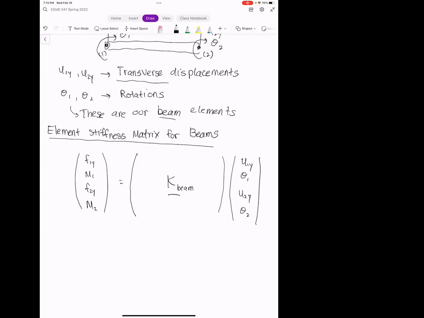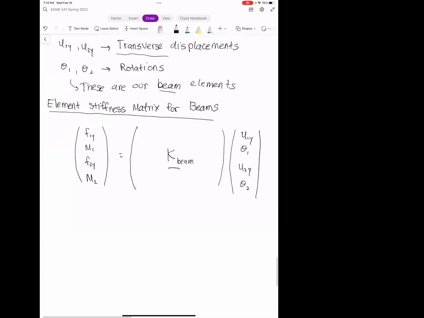Our first order of business, before we can solve any kind of problem with beams, is we have to determine what this element stiffness matrix looks like.